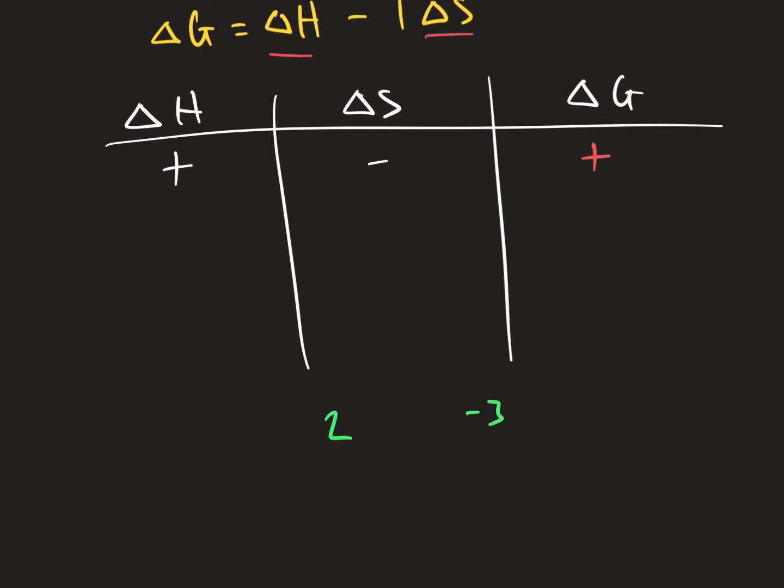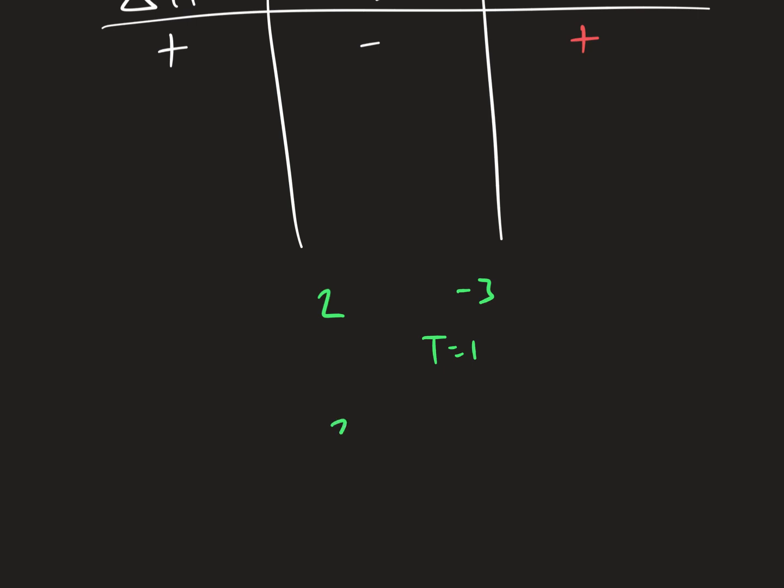And let's say T is 1 for crying out loud. It's still going to be a positive number, so it doesn't really matter. So we have 2 minus 1 times negative 3, which is a negative 3. 2 minus a negative 3 is equal to 5. And you can plug this in your calculator, and it would show you the answer. Okay? Are we good?